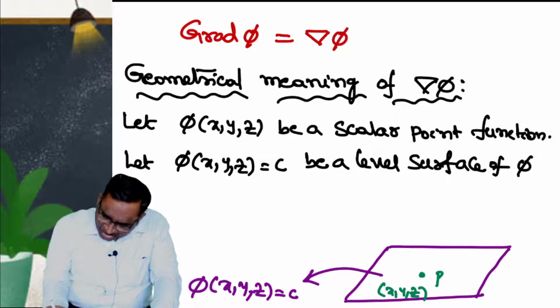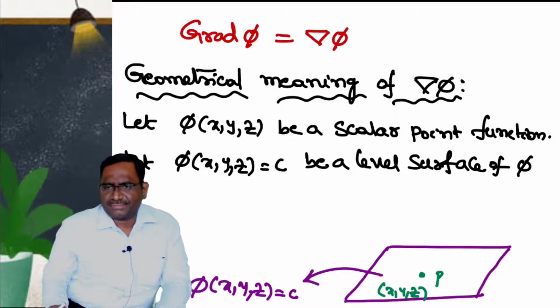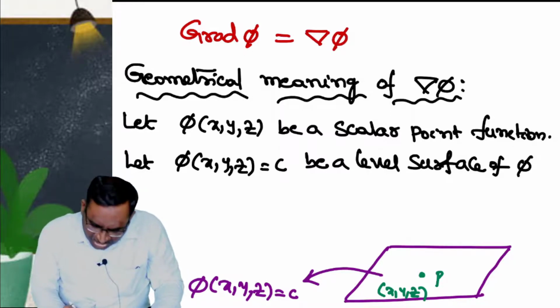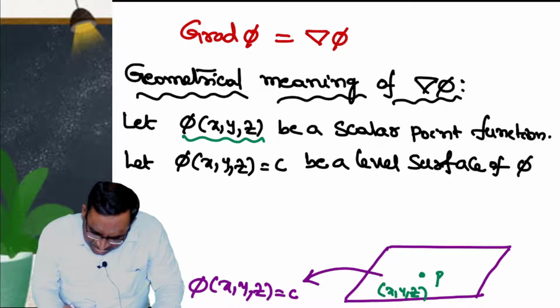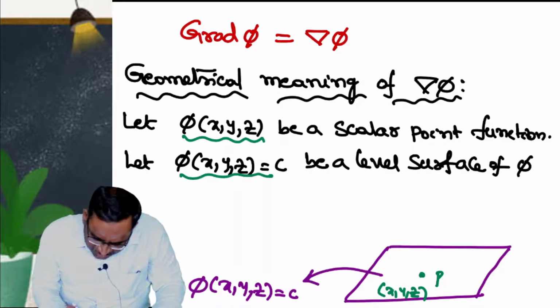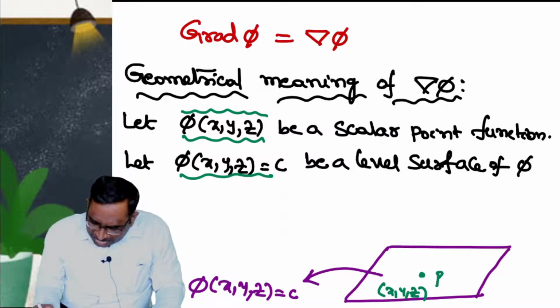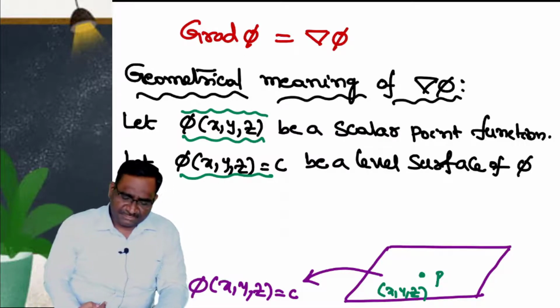At that point phi of x, y, z equals some constant. The points where the function phi satisfies this form the level surface of phi. P is a point on this level surface.